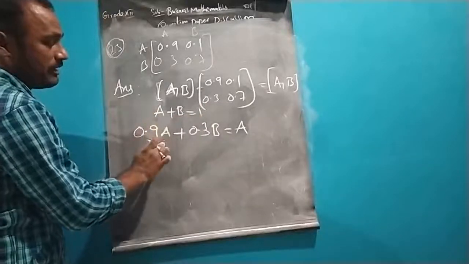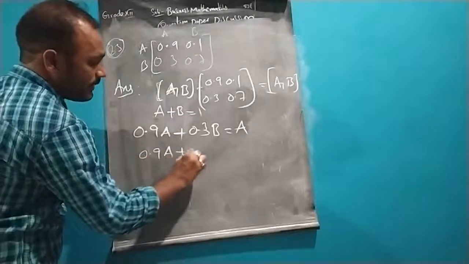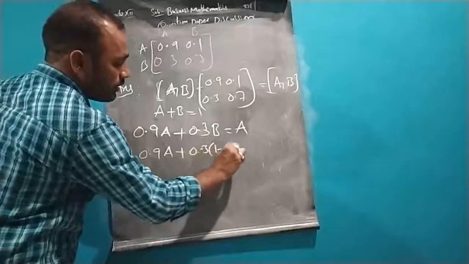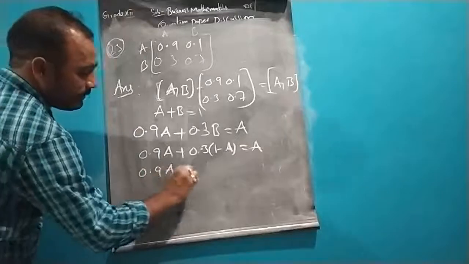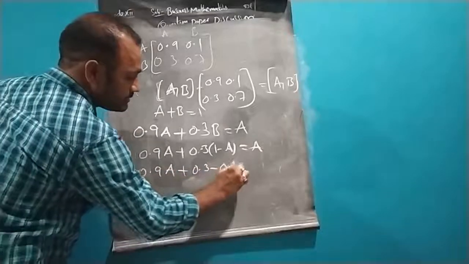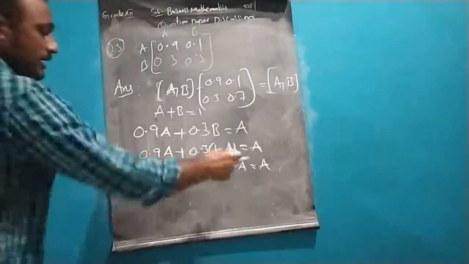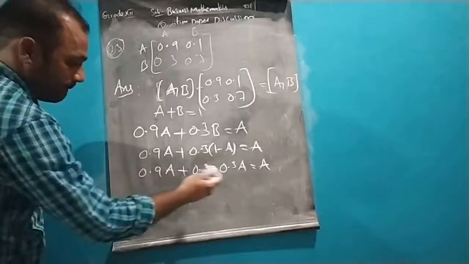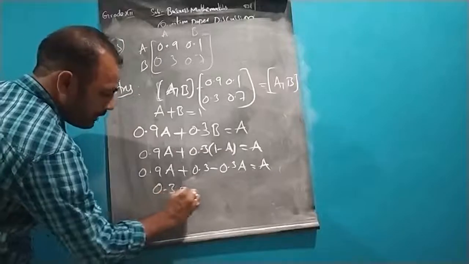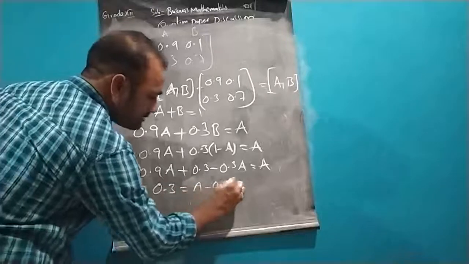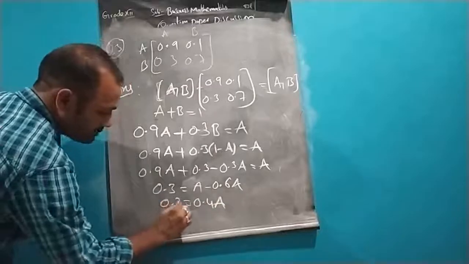So in place of B, write 1 minus A. So it will be 0.9A plus 0.3 into 1 minus A is equal to A. So 0.9A plus 0.3 minus 0.3A is equal to A. So 0.9A minus 0.3A is 0.6A. So 0.3 is equal to A minus 0.6A, that is 0.4A, which is 0.3.